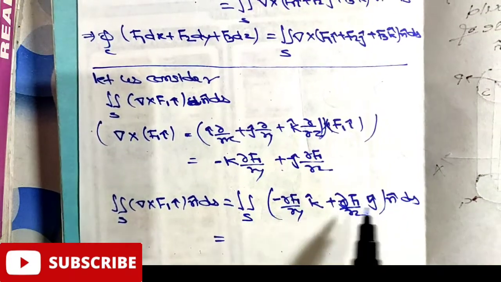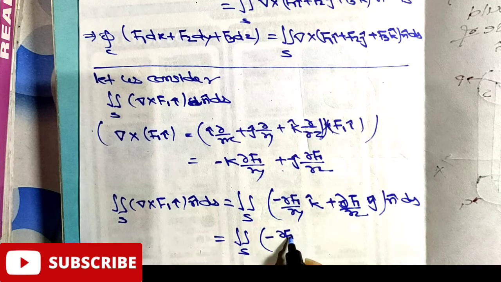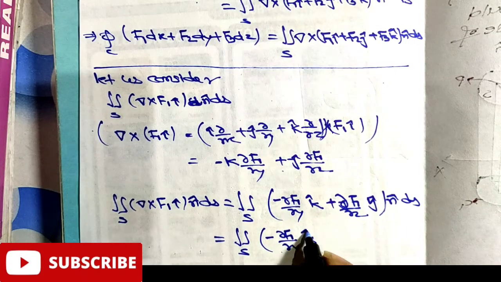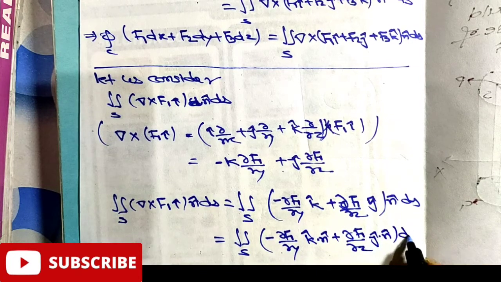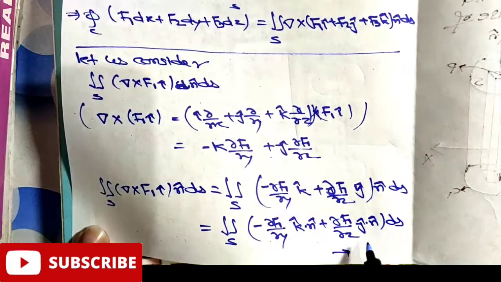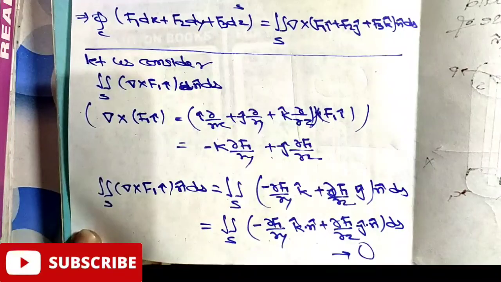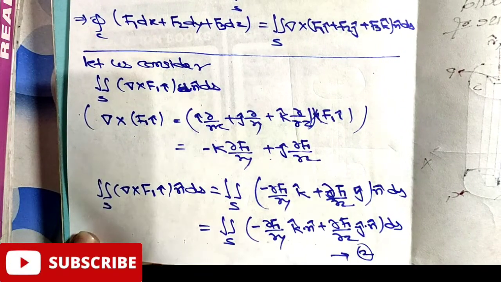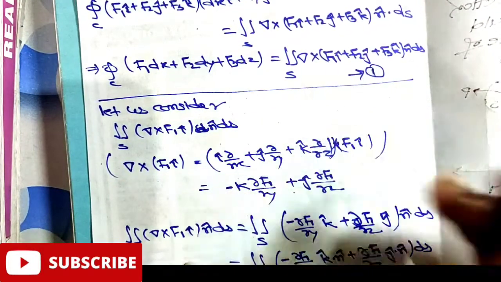Multiply this n cap with both sides: the surface integral over S of minus del f1 del y k cap dot n cap plus del f1 del z j cap dot n cap ds. Now give it equation number 2, and we have to prove this equation, so give it equation 1.